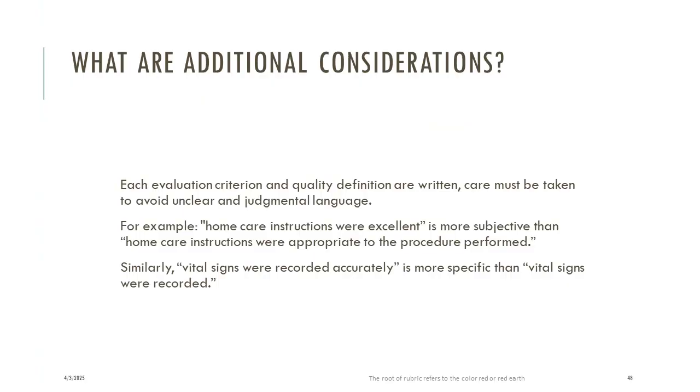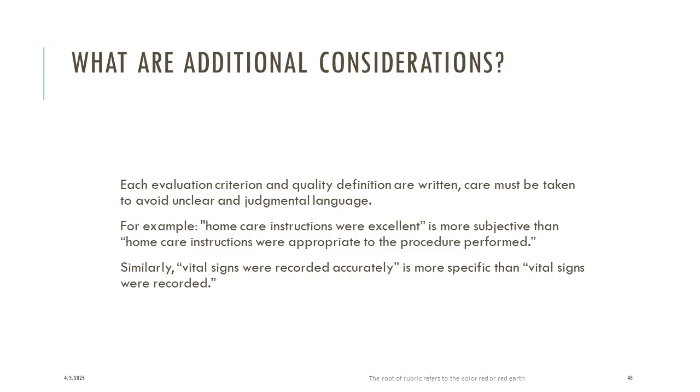What are the additional considerations? Each evaluation criterion and quality definition are written, and care must be taken to avoid unclear or judgmental language. For example, "home care instructions were excellent" is more subjective than "home care instructions were appropriate to the procedure performed."